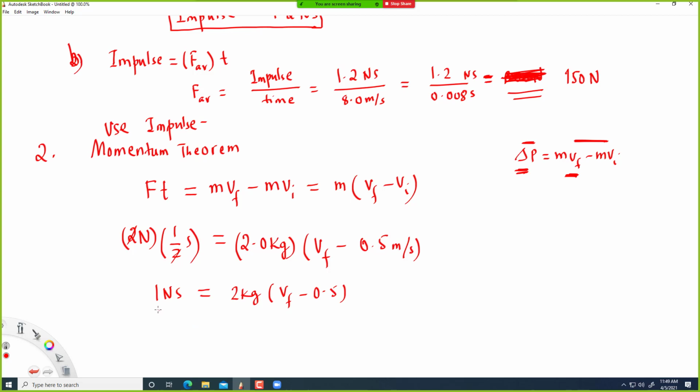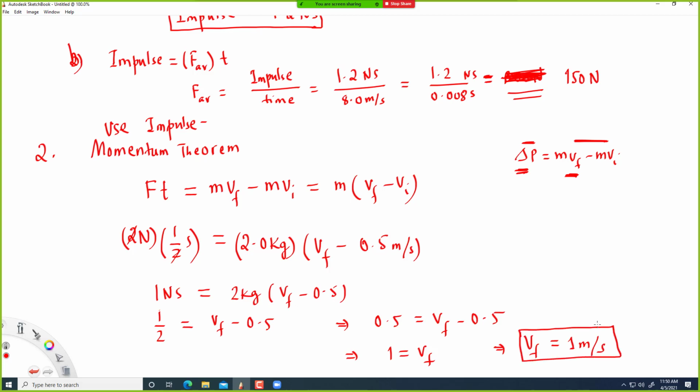So divide both sides by 2. You get 1 over 2 equals Vf minus 0.5. So 1 over 2 is 0.5. So add 0.5 on both sides, you get 1 here. Okay, so Vf is 1 meter per second.